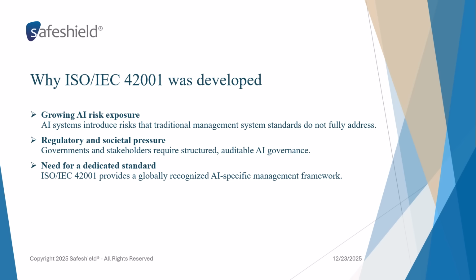These challenges include algorithmic bias, lack of transparency, model drift, unintended societal impact, and complex accountability chains across data, models, and deployment environments. Global regulatory initiatives accelerated the need for a dedicated AI management system standard.